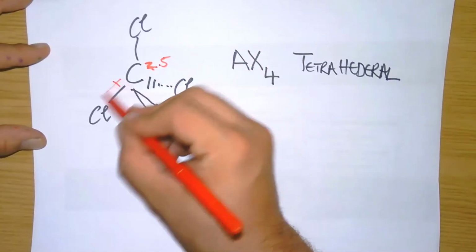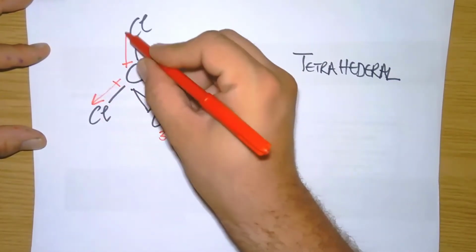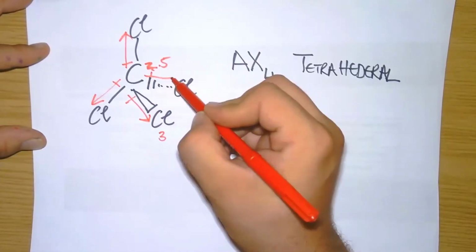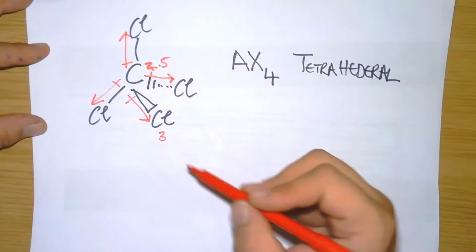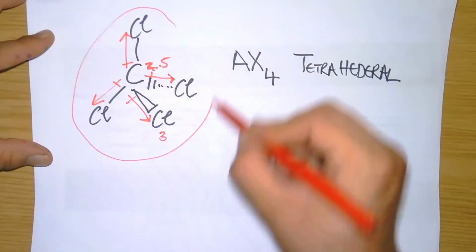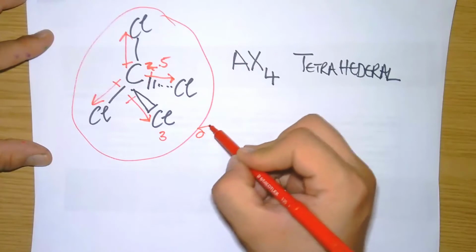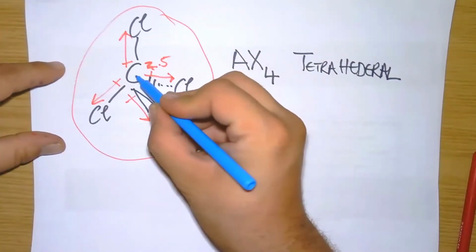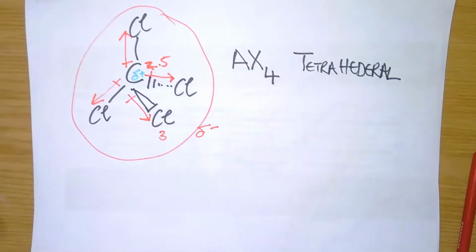So in all cases, the shared electrons spend more time around the chlorine than around the carbon atom, making the entire outside of this molecule slightly negative and making the central carbon atom slightly positive.